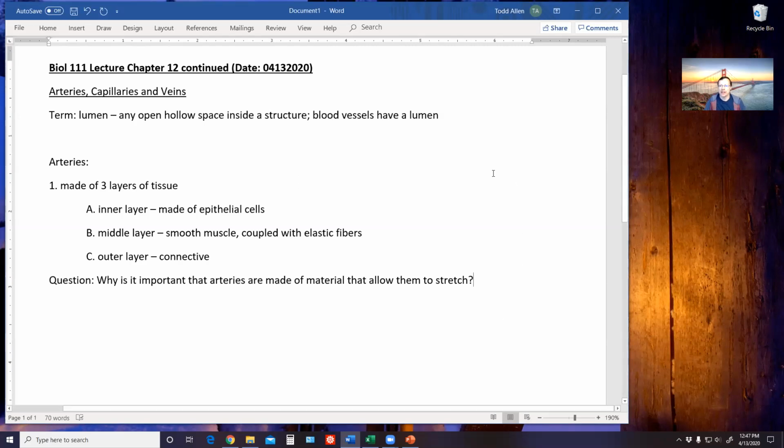Owen is saying so they can expand for different volumes of blood. Okay, that's a good answer. Okay, why? Owen, why would it be important to expand for different volumes of blood? Why would that be important? Alexi says to let more blood enter. That is also a reasonable statement.